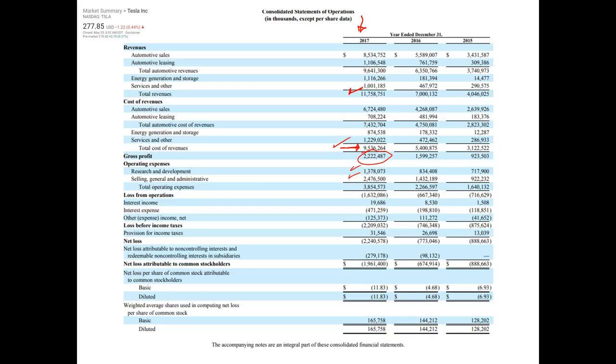So now they're down to an operating loss of 1.6 billion, and they're not done with their expenses yet. Remember, they borrowed a bunch of money. They have to pay interest on that. So interest of about $470 million. And then they also have taxes, and depending on where they operate and what they're doing, generally, if you make money, you pay taxes. If you lose money, you may not have to pay taxes.